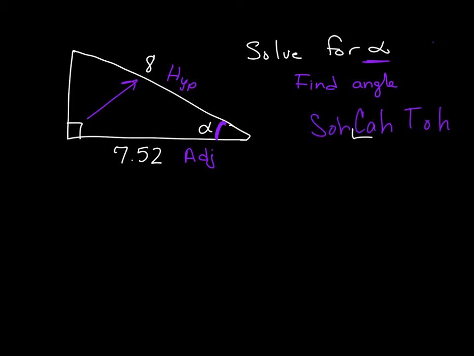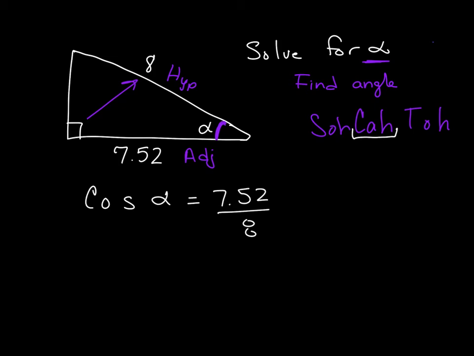Because we have the adjacent side and the hypotenuse, we need to use the cosine for this. The other two will not work. So I want to say that the cosine of alpha is equal to 7.52 divided by 8.